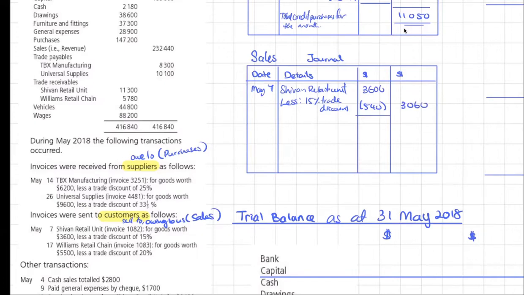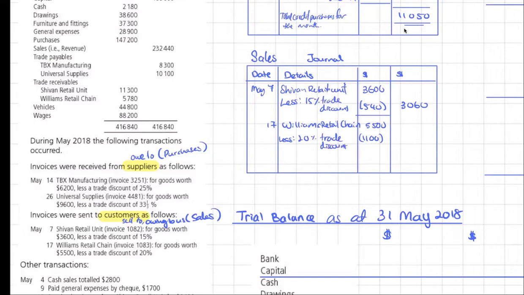The next one will be 17, William Retail Chain. 5,500 multiplied by 20% is 1,100, less 20% trade discount.